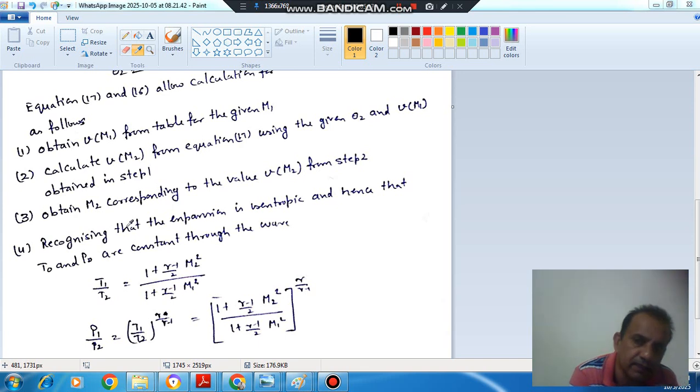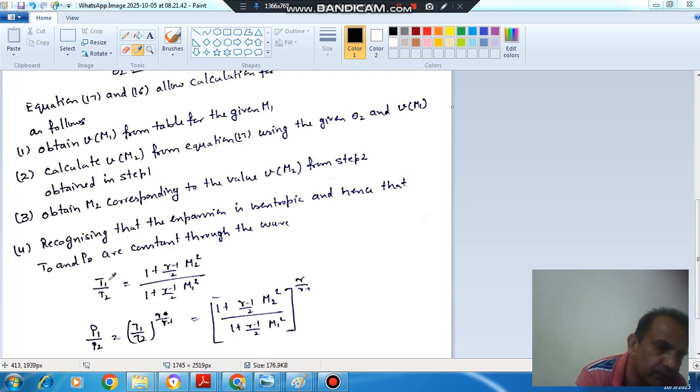We know that the expansion is isentropic, so we can use the isentropic relations. The stagnation pressure and stagnation temperature remain constant. T naught by T1 is 1 plus (gamma minus 1) by 2 M1 square, and T naught by T2 is 1 plus (gamma minus 1) by 2 M2 square.